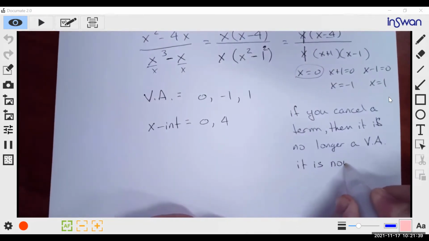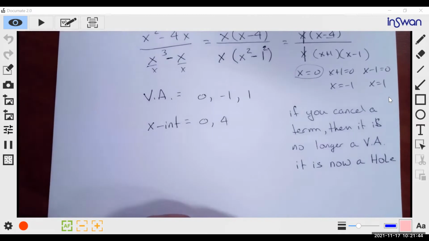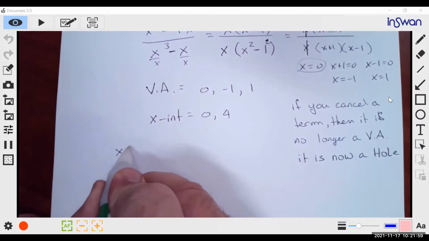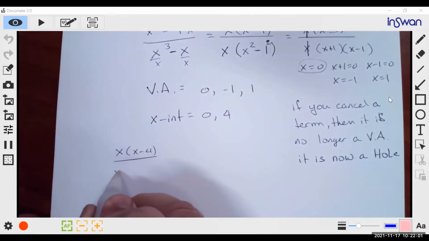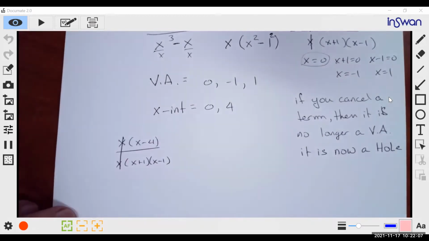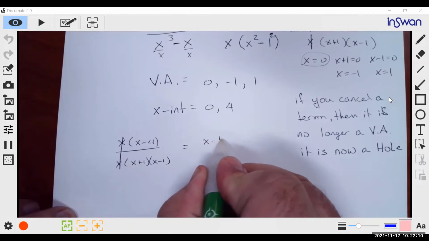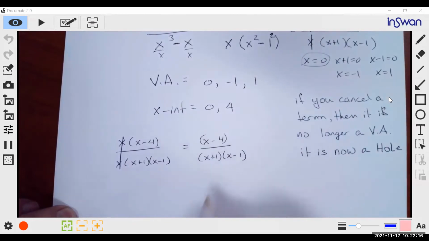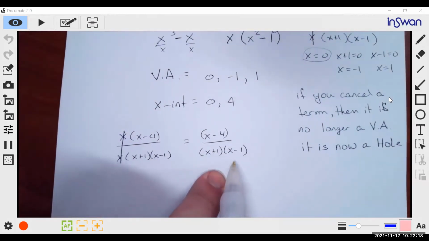It is now a hole. So what we had is this. We had x minus 4, x plus 1, x minus 1. The x's cancel. So now, when I graph it, I only have to look at that remainder polynomial.